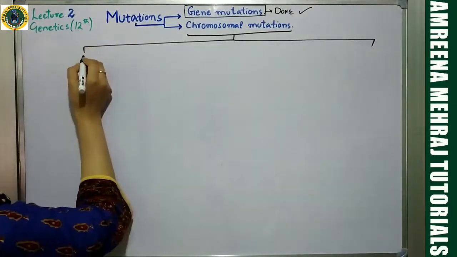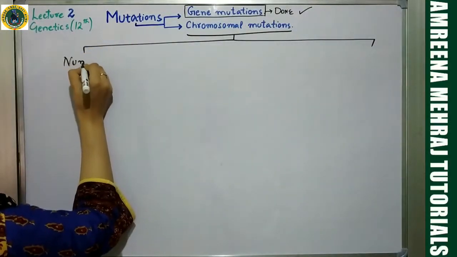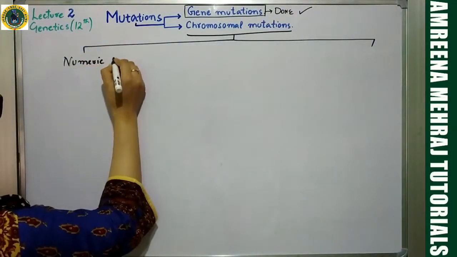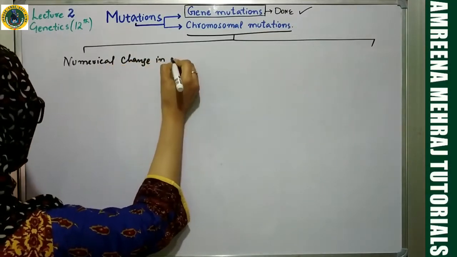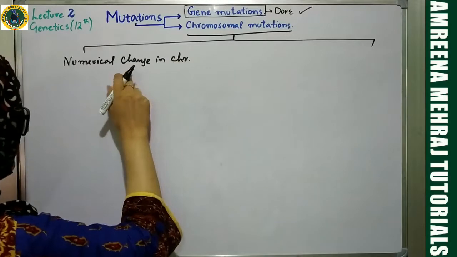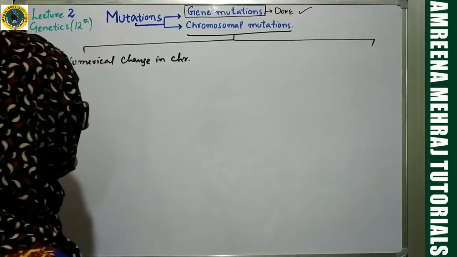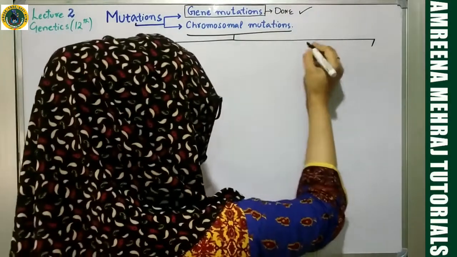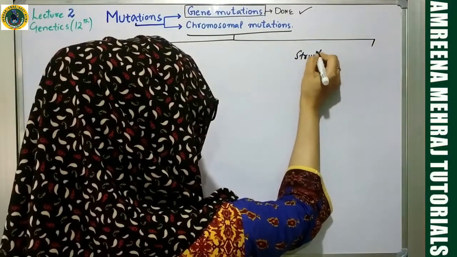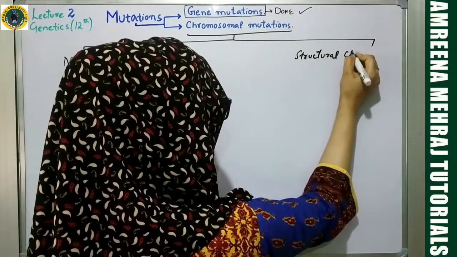Number one, where you will see numerical change happening to the chromosomes. I hope you remember numerical change means the number of the chromosome is changing, either decreasing or increasing. Or you have the structural change happening to the chromosome.